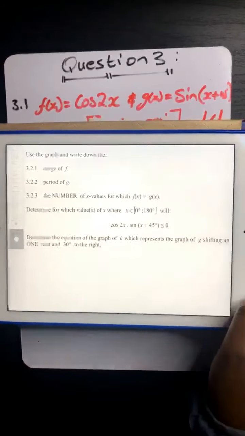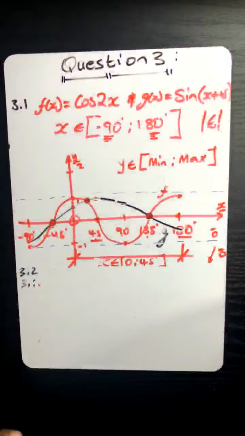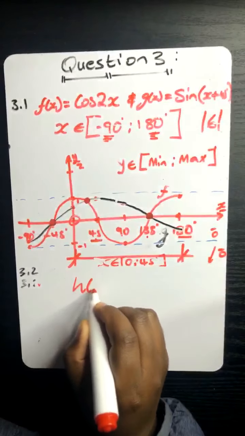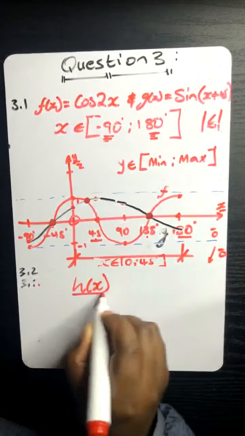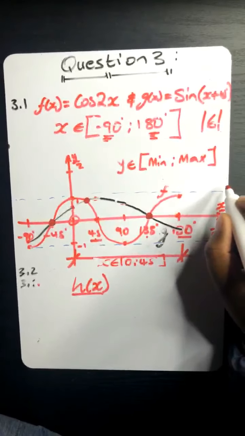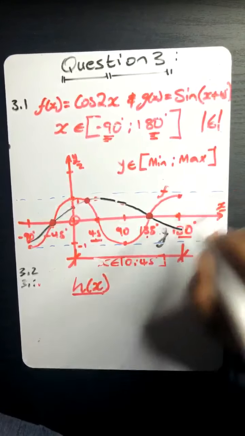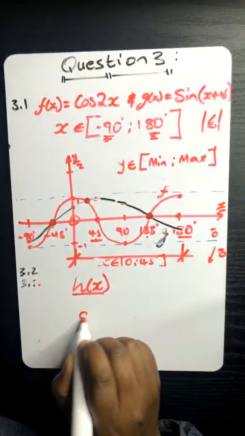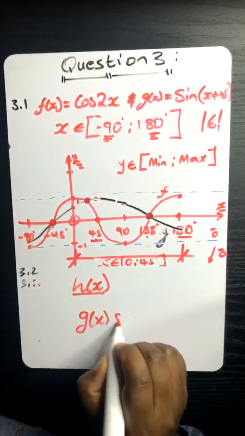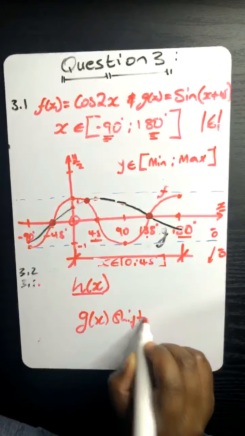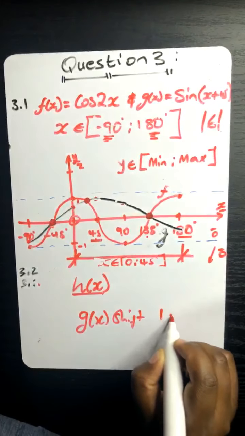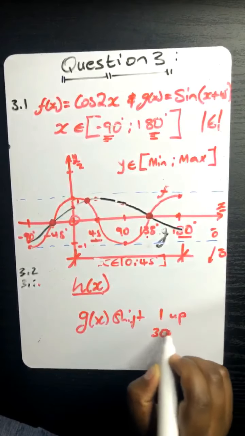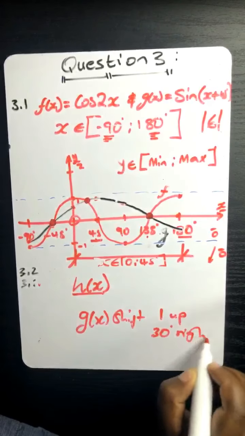Okay. Let's try to unpack it and see how far we can go with that one. So they say determine the equation of h. So that means you must already be giving h of x. They say this h must represent the graph of g, but this g must shift by 1 unit up and again 30 degrees to the right.